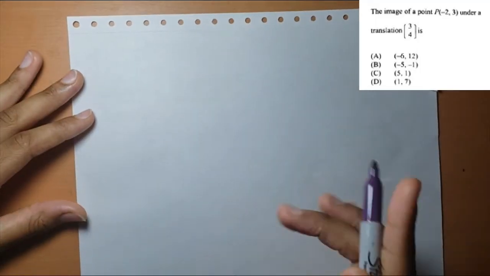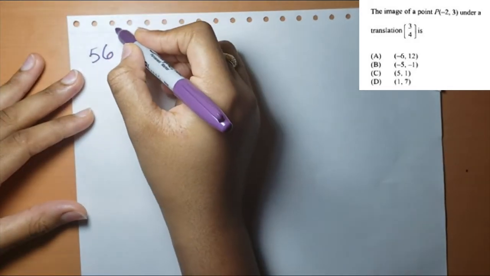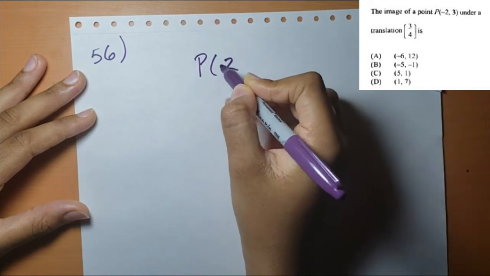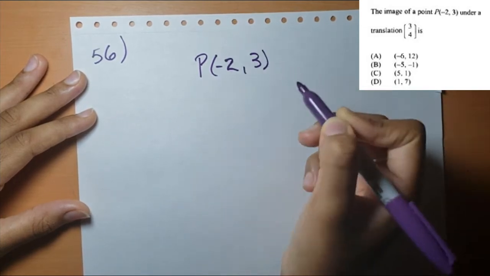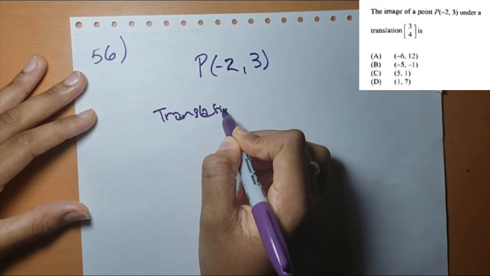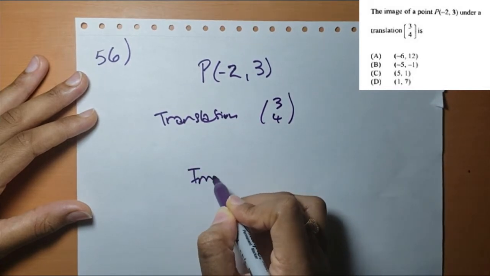Okay, so for number 56, we're told that the image of a point, so the point is P, that's negative 2, comma 3, under a translation 3, 4. So we want the image under the translation.